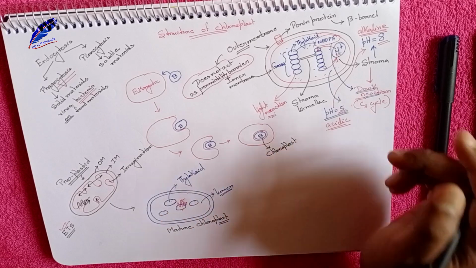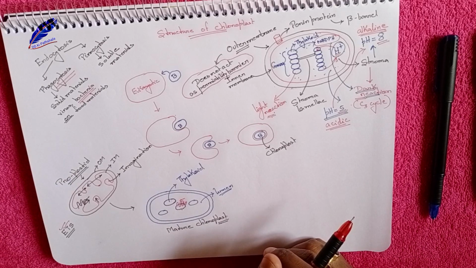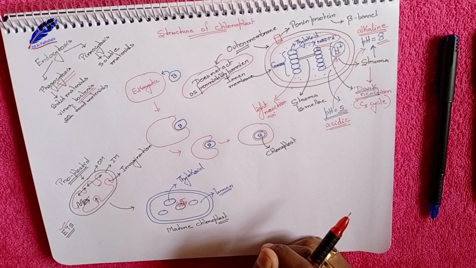We know that in mitochondria, the electron transport chain is associated with formation of ATP, because complex 5 of the electron transport chain is called the F0F1 particle, through which production of ATP takes place when 3 hydrogen ions enter through the F0F1 particle.